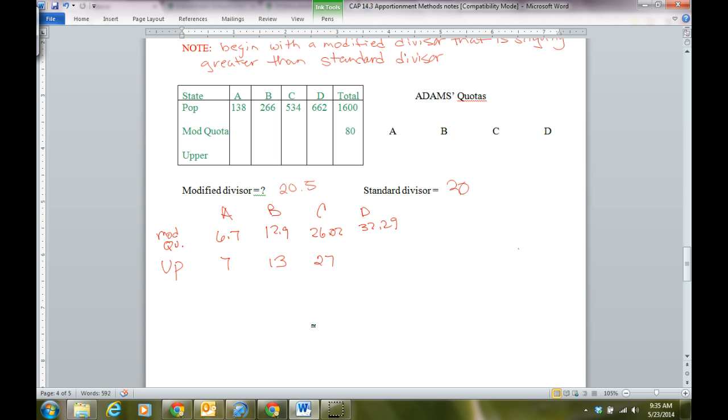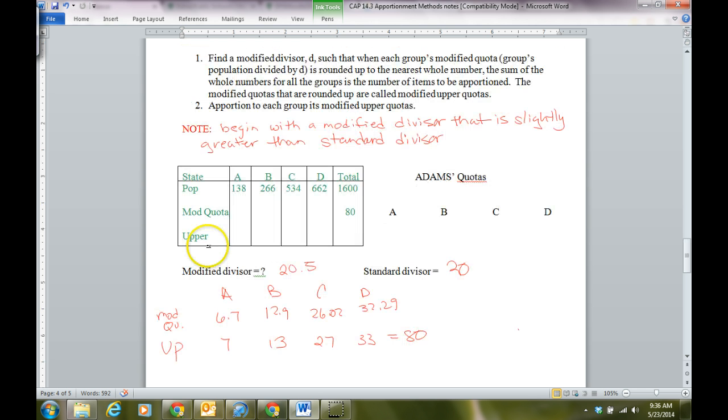Because we're rounding up no matter what. 32.29 becomes 33. If you add all those together, you do end up with 80. So these are the numbers that we would allot using Adams' method.